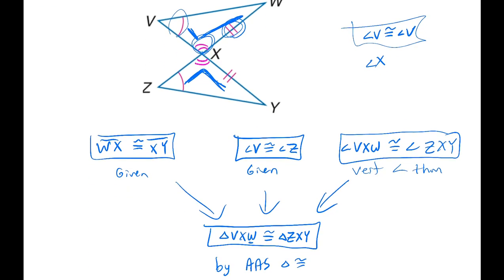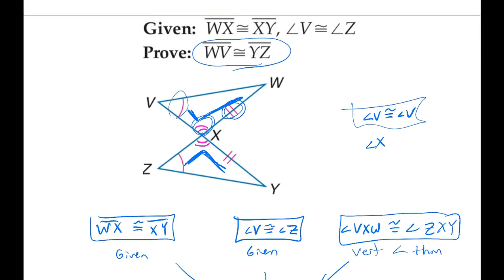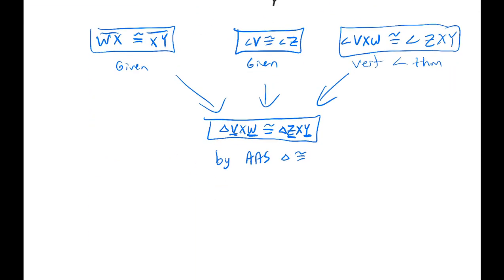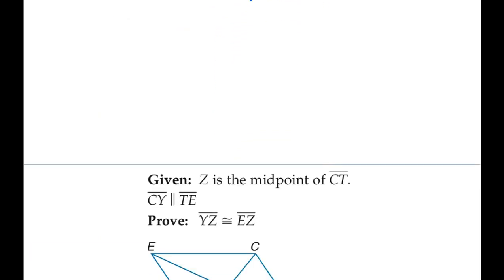WV would be third and first, which is the same as YZ, third and first. And up here, that's exactly what they wanted. So we know that WV is congruent to YZ. That's the very definition of congruent triangles, or the shortcut CPCTC. Yes! Well done.